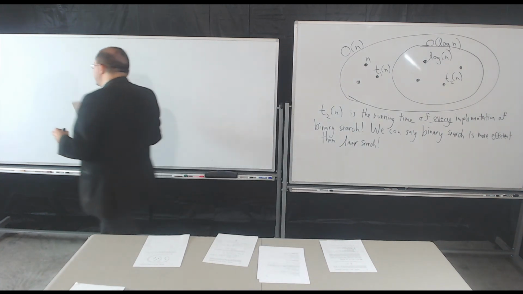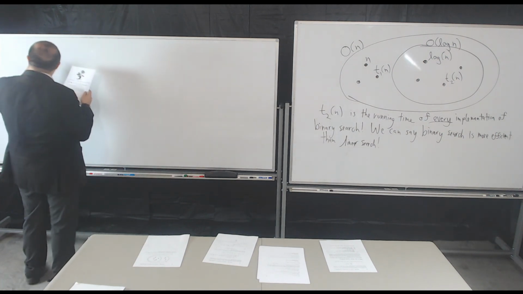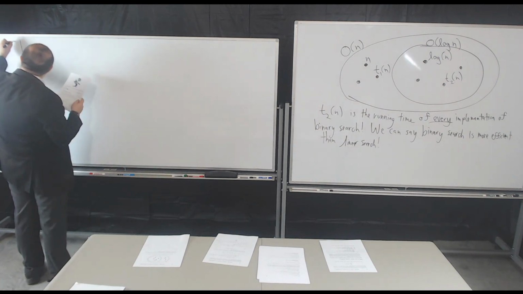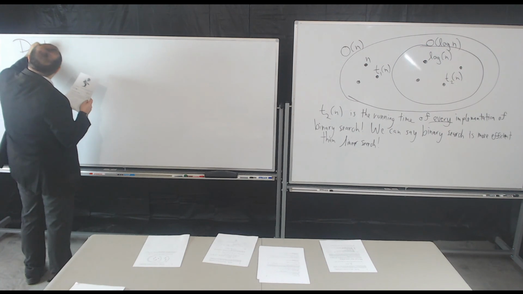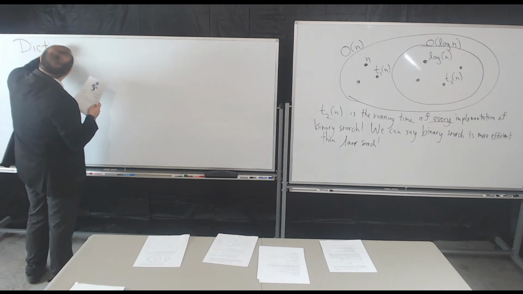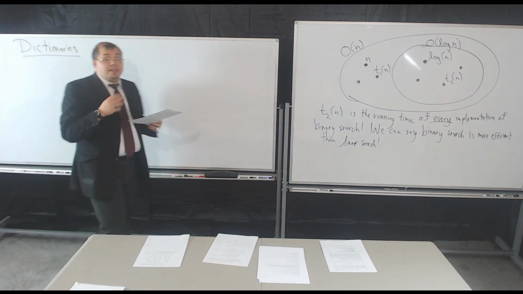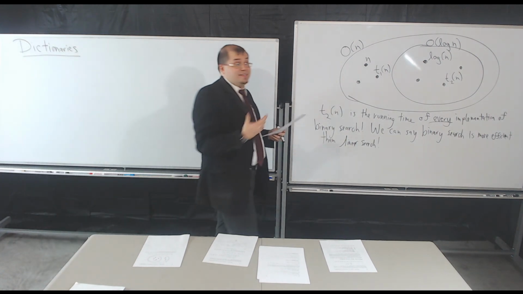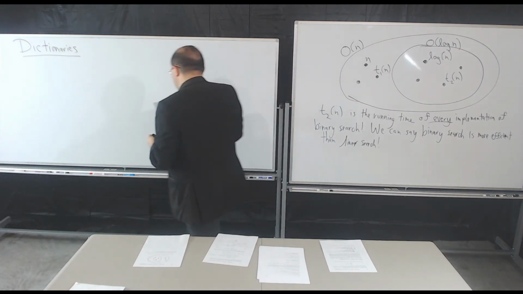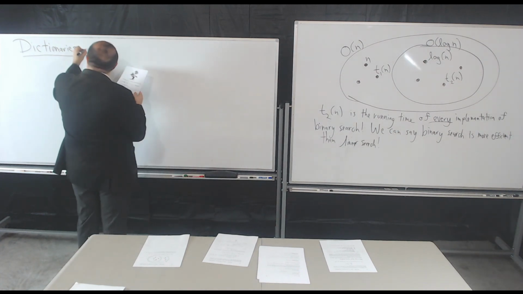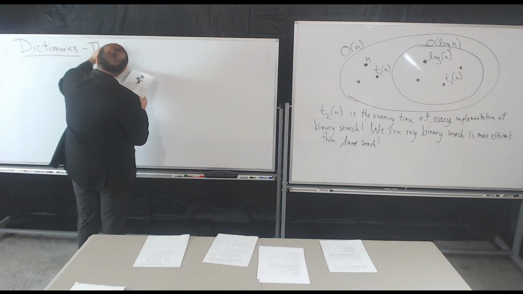So I'm going to spend this last bit of time on dictionaries. So we're going to be switching topics. We're going to talk about dictionaries. This is going to be one of the fundamental ADTs we're going to talk about in this class a lot. So this is going to be cast as the dictionary problem.